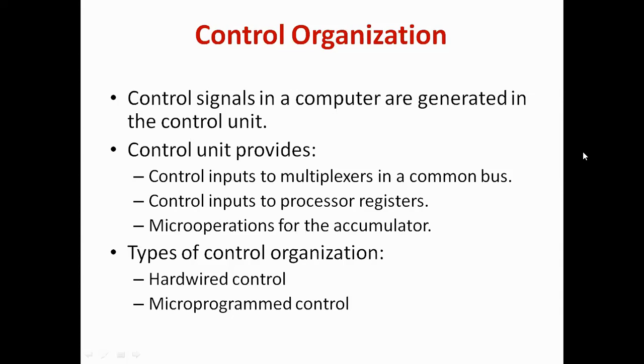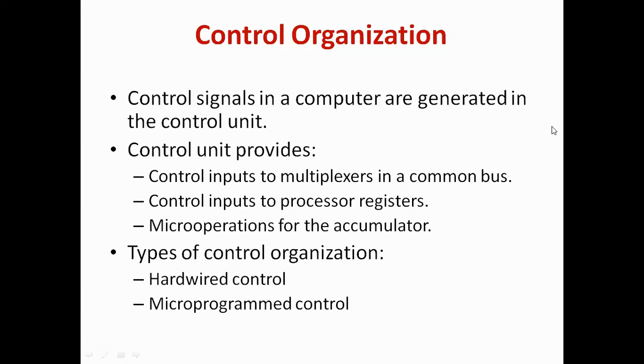We know that the control signals in a computer are generated by a control unit, and we also know that the thing that we call the processor has an arithmetic logic shift unit. It has a small memory unit consisting of various registers of the processor, and it has a third part that is called the control unit.